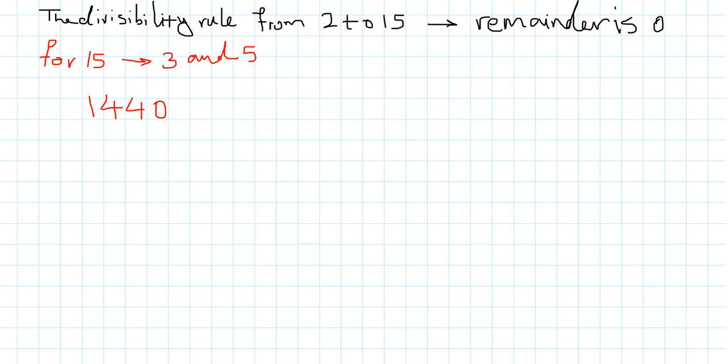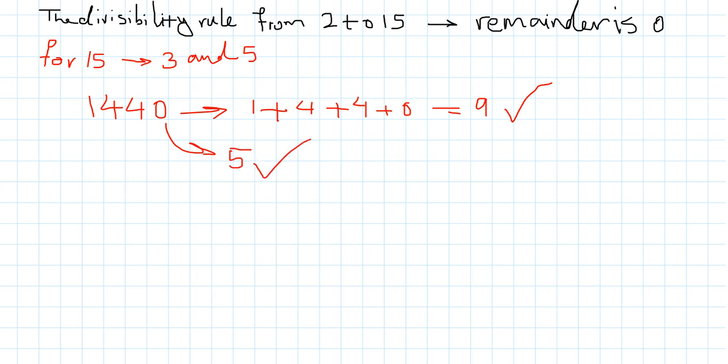Now let's check for 3. 1 plus 4 plus 4 plus 0. 1 plus 4 is 5, plus 4 is 9. So 9 is divisible by 3. So it is correct. And it finishes with 0, so it can be divided by 5. It is correct. So the number can be divided by 15.